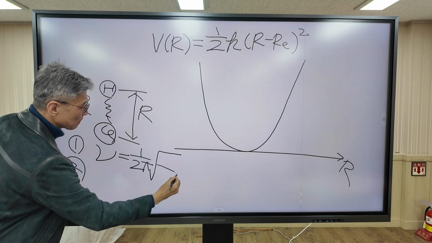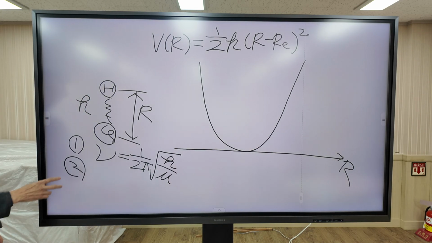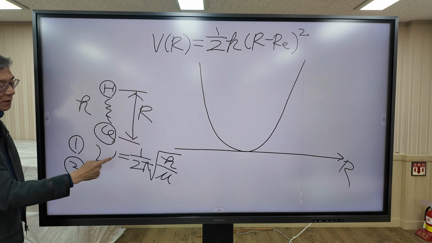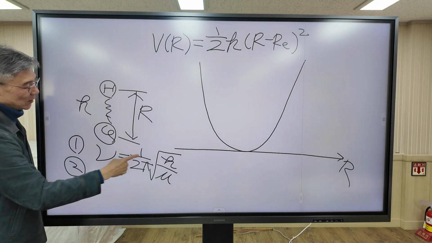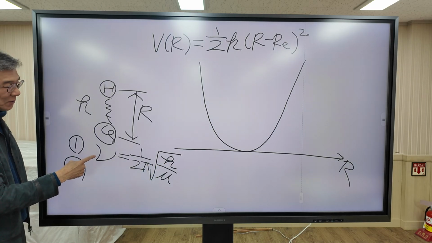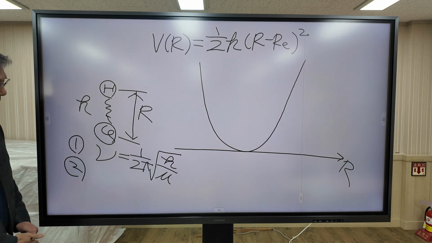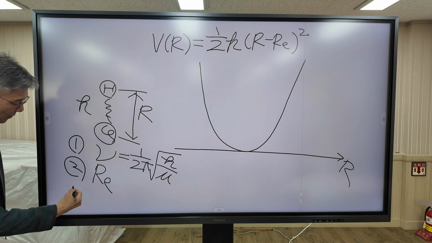So this is the formula for the vibrational frequency of this harmonic oscillator. If we know the force constant of the spring, we can calculate the vibrational frequency. And we can also define bond length. This is called bond length.